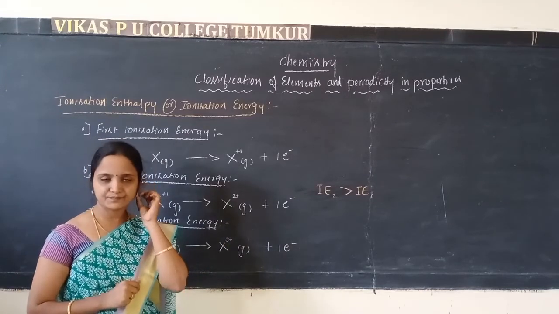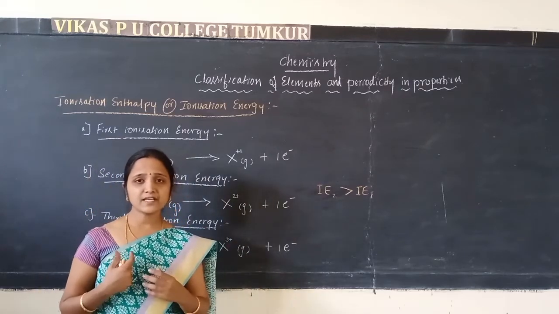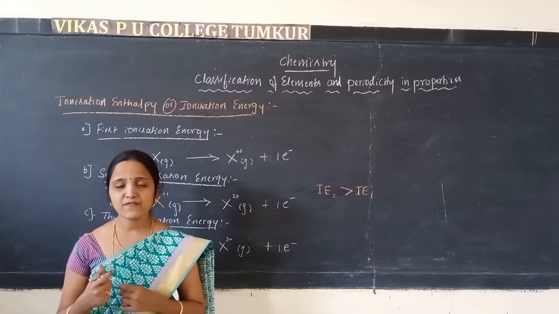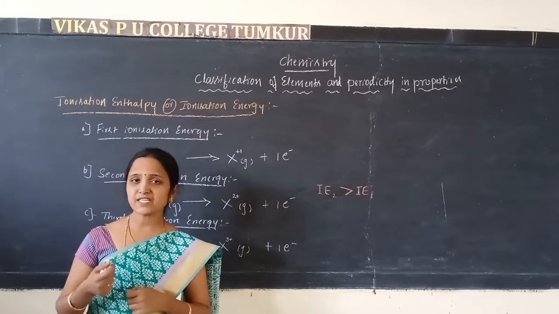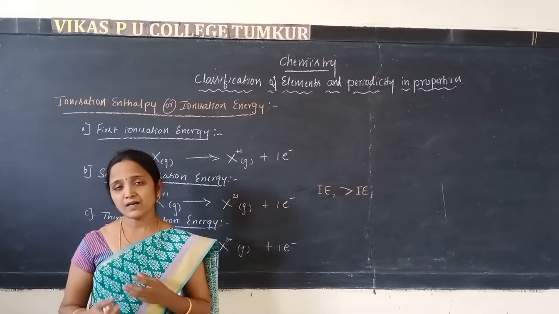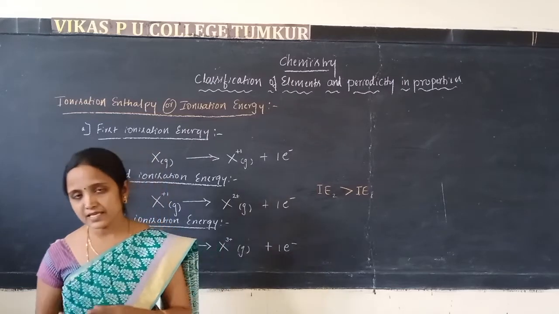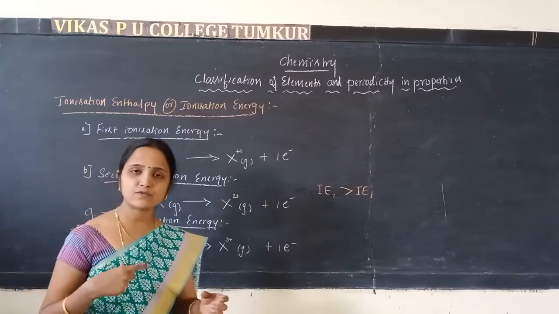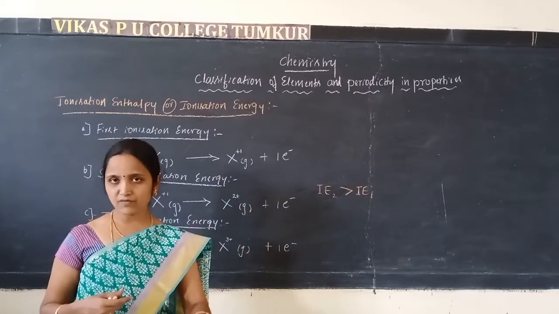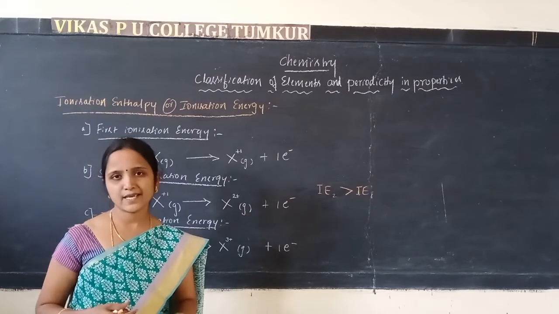In other words, after the first ionization, the screening effect decreases and the effective nuclear charge increases. When the effective nuclear charge increases, the attraction between the nucleus and the outermost electrons increases. At that time, removing the electron needs more energy.